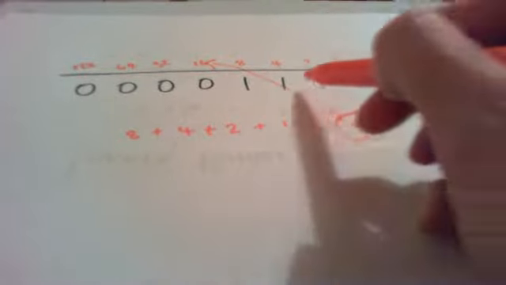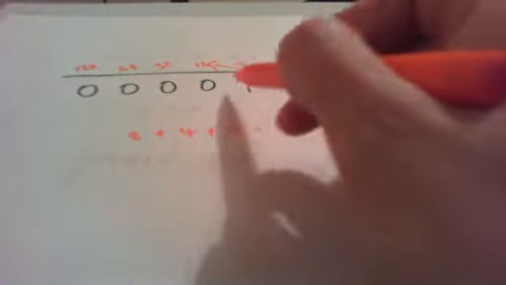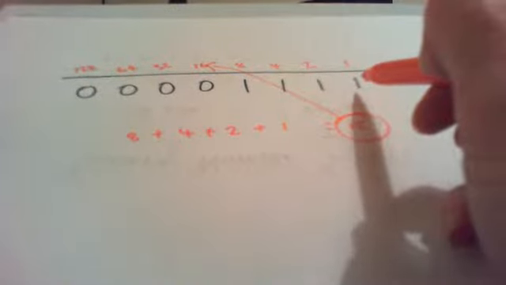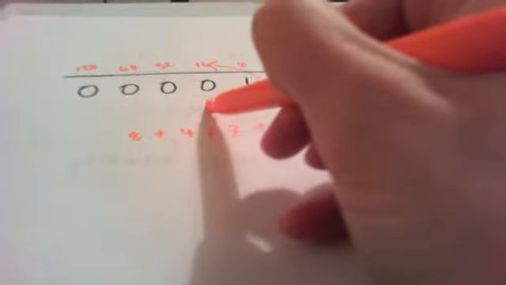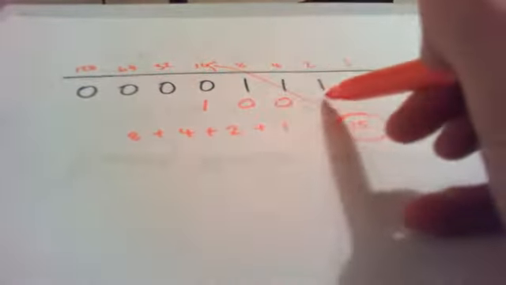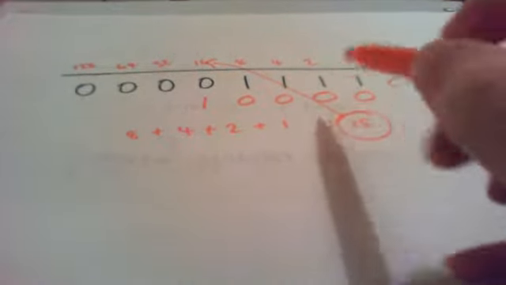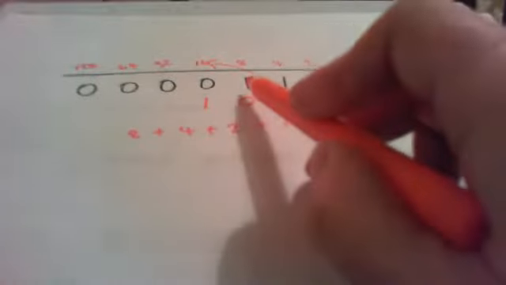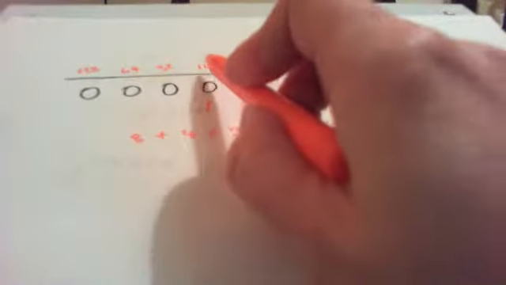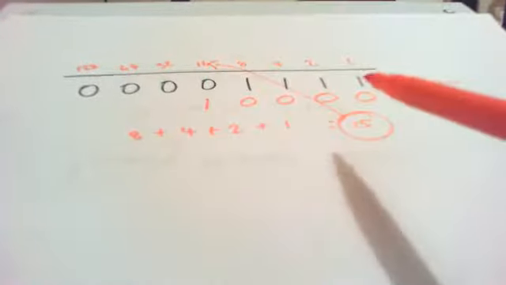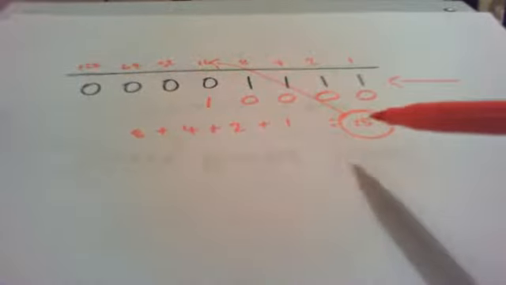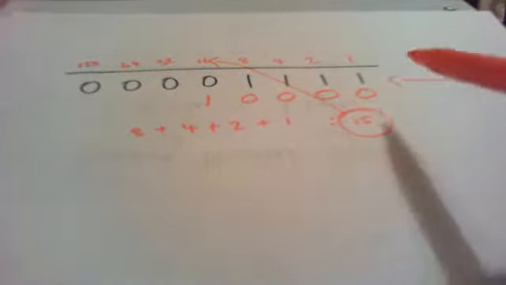If I was to add 1 more to this number here, this one would turn over and all of these would be zeros. So a really easy way to work out a number with all 1s is basically looking at the next bit column and minus 1, and then you would have the answer. But if that's too confusing, just do it this way, you'll always get the right answer.